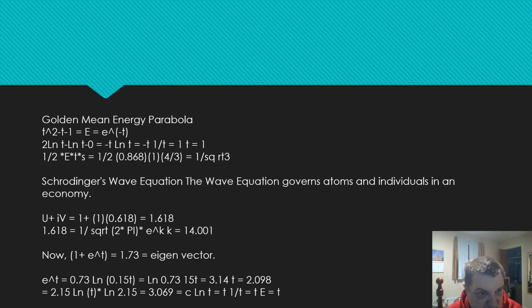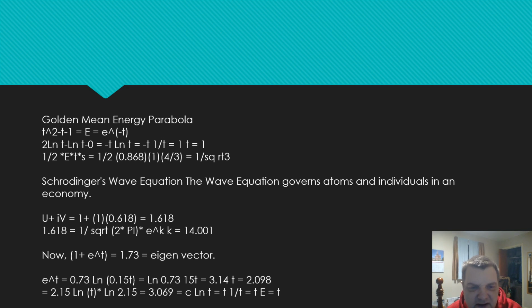So if we plug t as ln t in the equation, we have 2 ln t minus 0 equals minus t ln t, which is equal to minus t times 1 over t, which is equal to 1 over t equals 1. 1/2 times e times t times s's position is equal to 1/2 times 0.868 times 1 times s, which is 4/3, which is equal to 1 over the square root of 3.